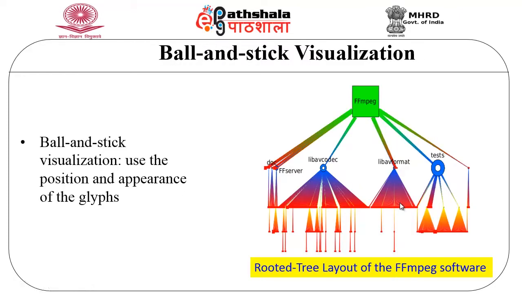There is another very specific kind of visualization for a tree, which is called a ball and stick visualization. This ball and stick visualization uses the position and appearance of glyphs to represent the nodes. This is a tree layout of the FFmpeg software.